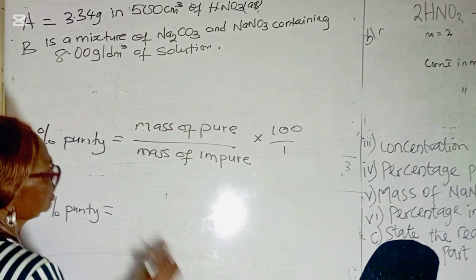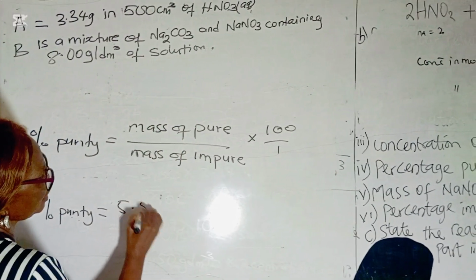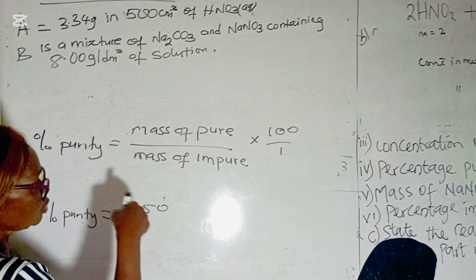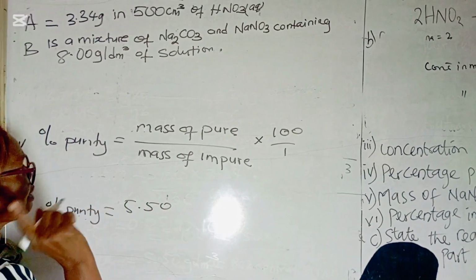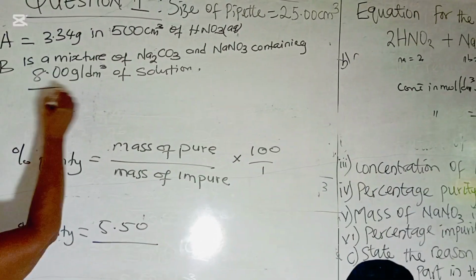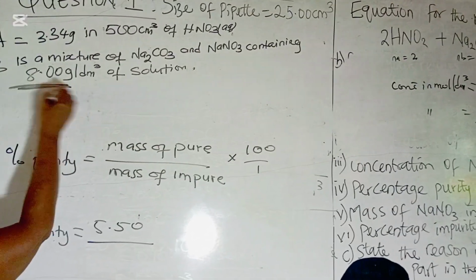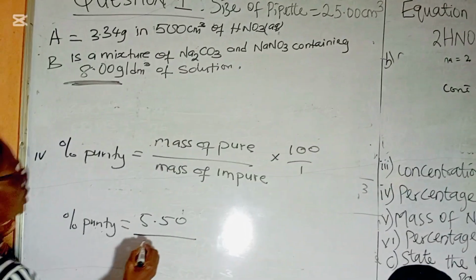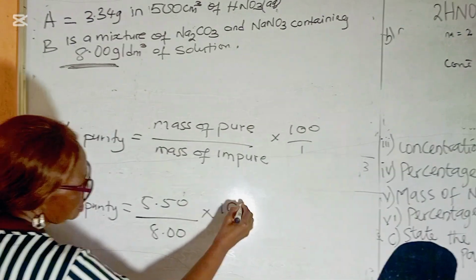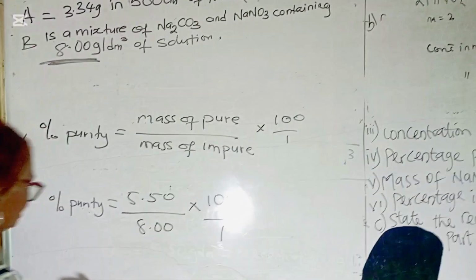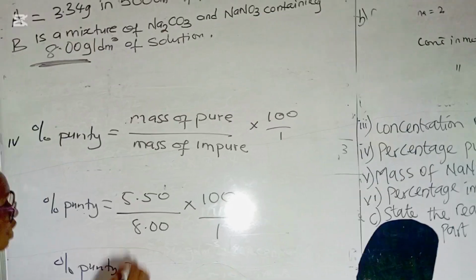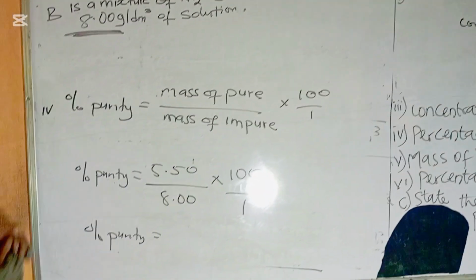Mass of pure is 5.50. Make sure you write 5.50, not 5.5. You must substitute what you have as your final answer. Divide by the impure, it's a mixture of two substances, which is 8.00, times 100 over 1. Then you evaluate and get your answer.